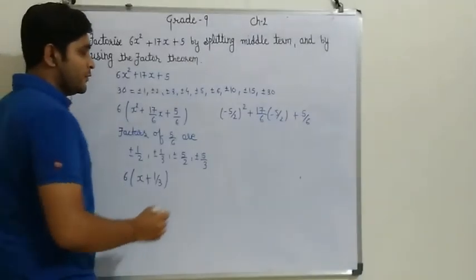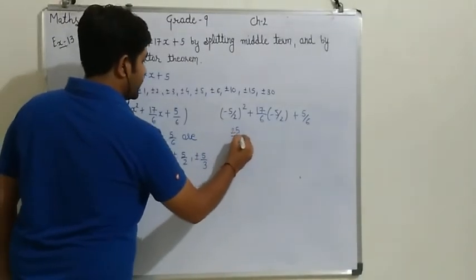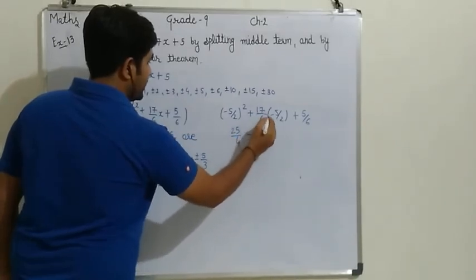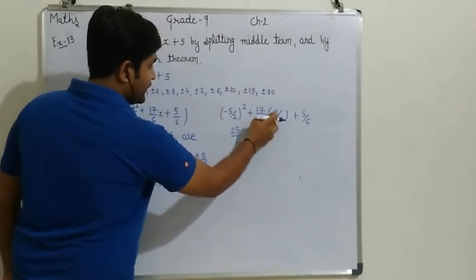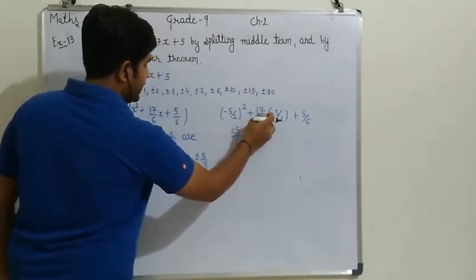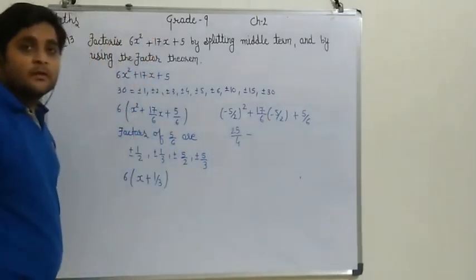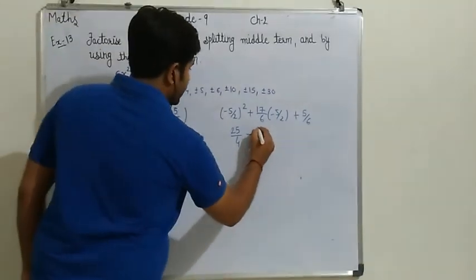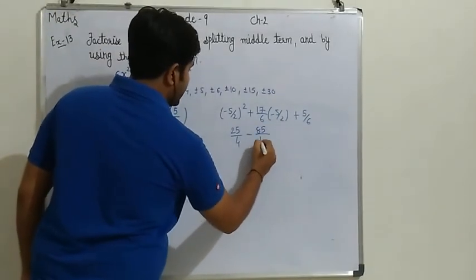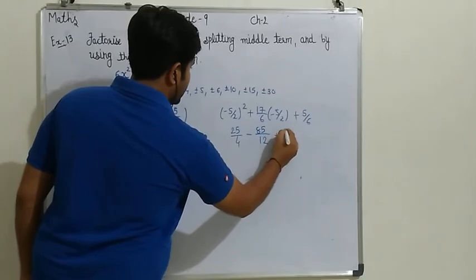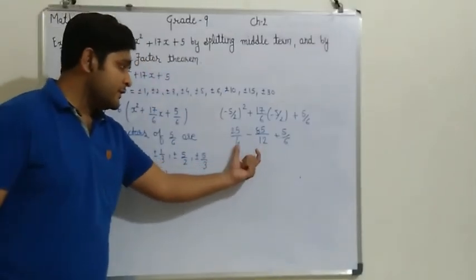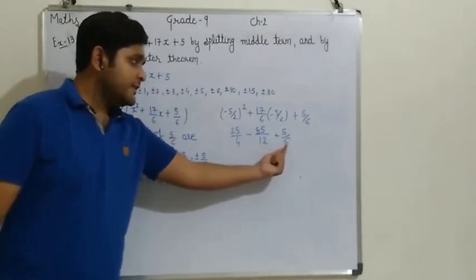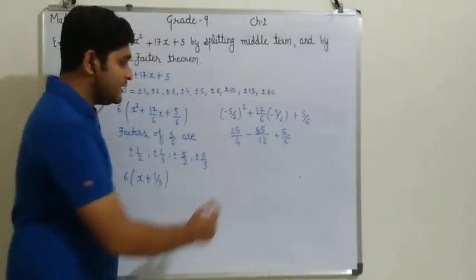5 by 2 square, so 5 5s are 25, 2 2s are 4, minus. Can we cut anything? No, we cannot cut 2 with 5 and 17, 6, 7, no. 17 5s are 85, 6 2s are 12, plus 5 by 6. Now from this all, 12 is the bigger, and 4 is a factor of 12, 6 is also a factor of 12, so LCM is 12.